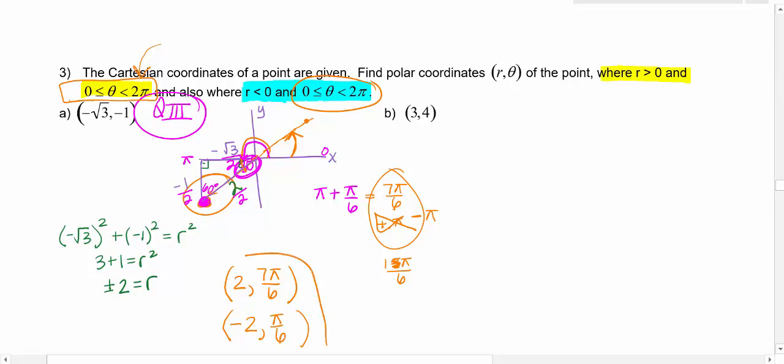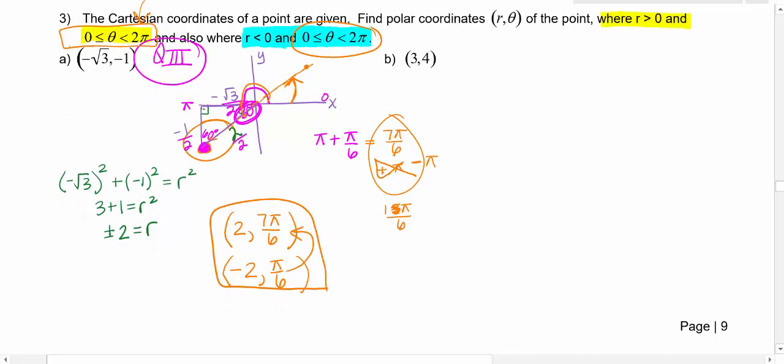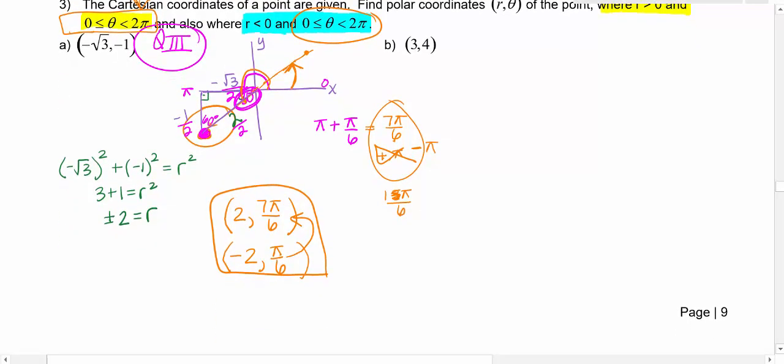And again, these are still pi apart, right? Because if I add 6 to pi over 6, I get 7 pi over 6. And I'm going to show you something interesting here about if you are only formula based, how this can actually hurt you. So these are our two answers, and they are correct.